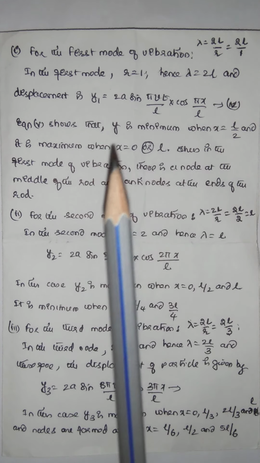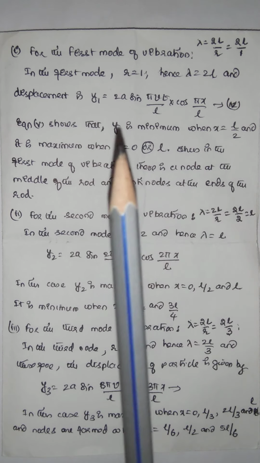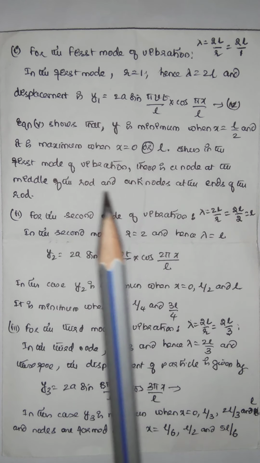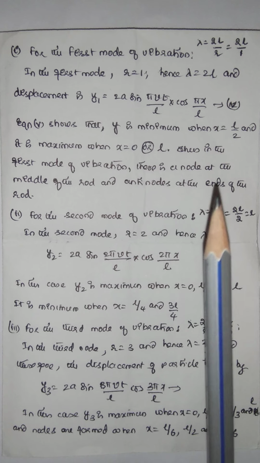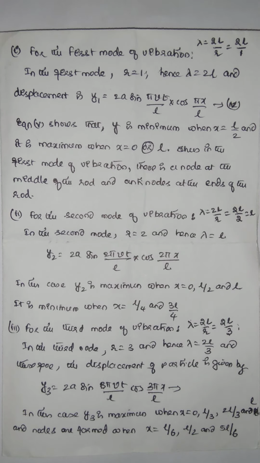This shows that y is minimum when x is equal to l/2 and is maximum when x is equal to 0 or l. Thus, in the first mode of vibration, there is a node at the middle and antinodes are formed at the ends of the rod.